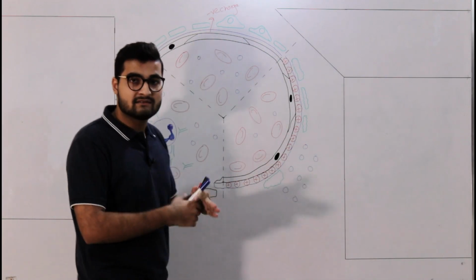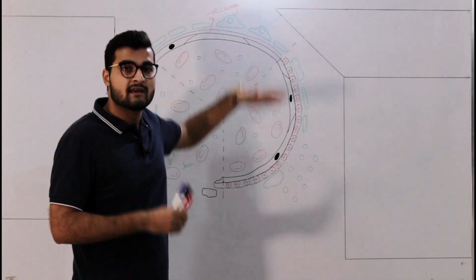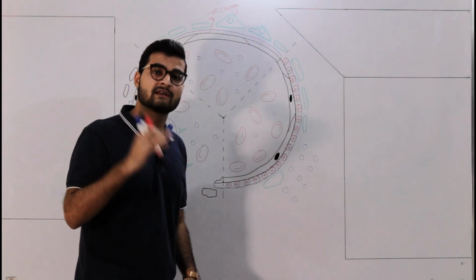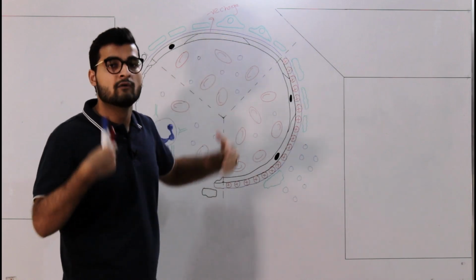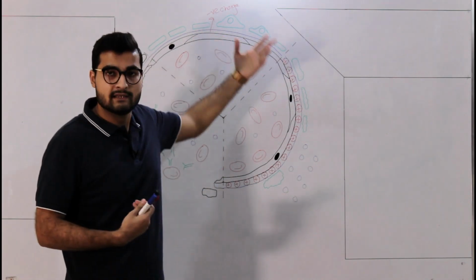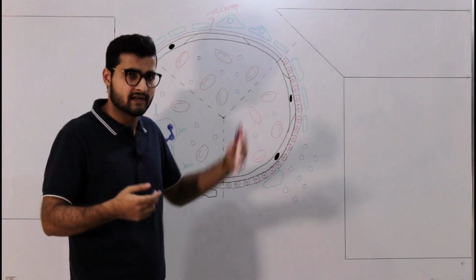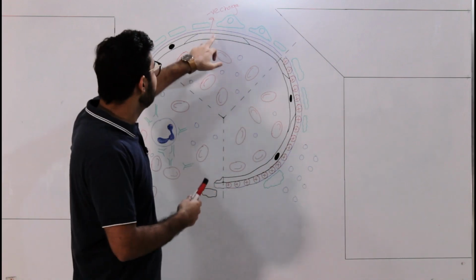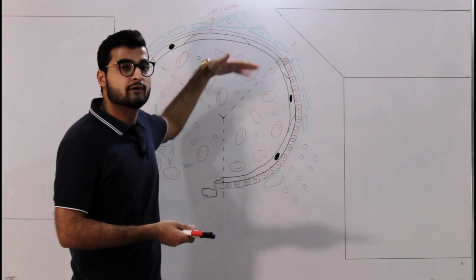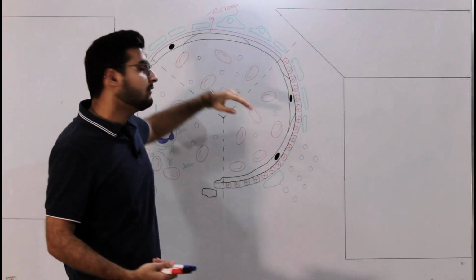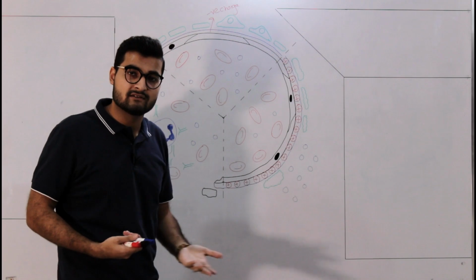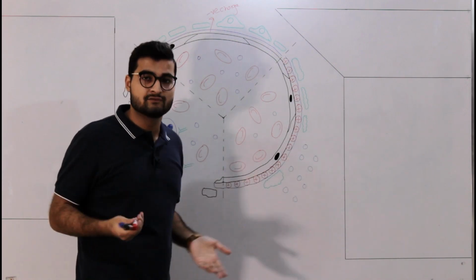So what happens is that these 3 barriers try as much as they can to keep the useful material inside. So let's say if a protein were to leak out through your endothelial layer, because 100 nanometer is a bigger size, right? Smaller proteins can leak out. The basement membrane is going to repel those proteins and they're going to stay inside. But let's say you had a neutral particle that were to escape the basement membrane as well, because if it is a neutral particle, the charge won't affect it.